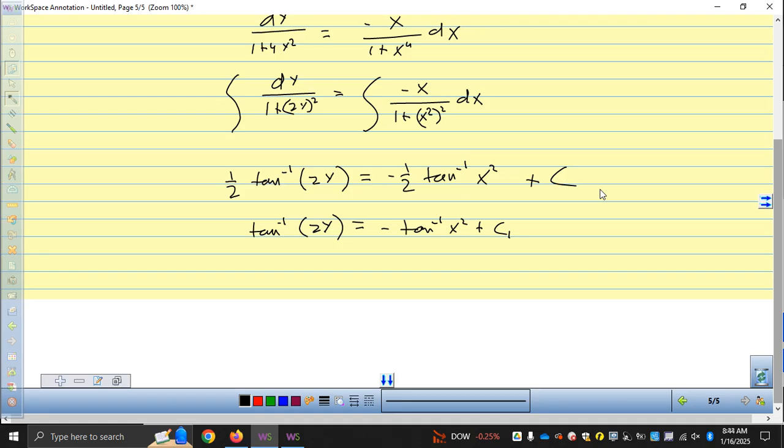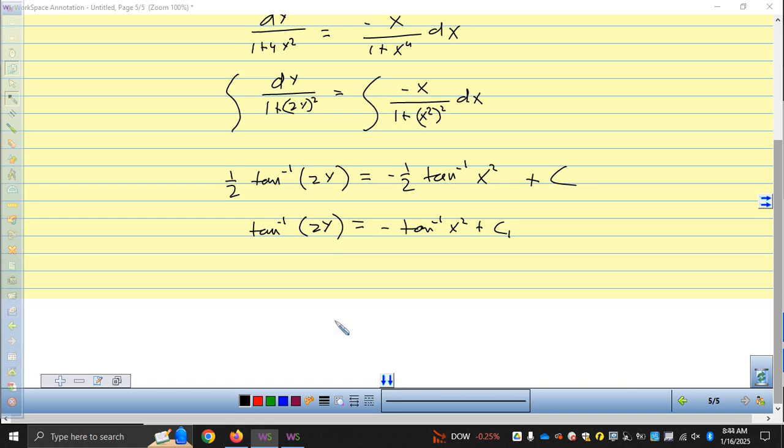For me, I write c1 just to tell myself I multiplied this by 2, so I don't get confused. It's not really necessary, it's just a constant. For me, it helps me to be mostly okay in my head.